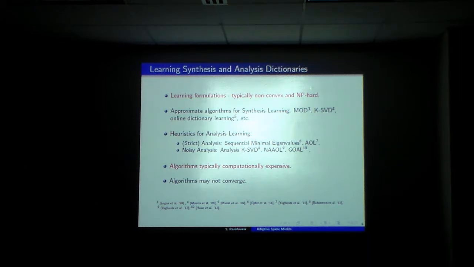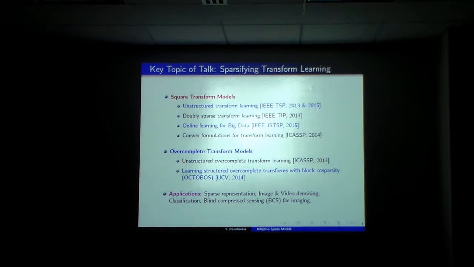A common property of many of these methods is that they tend to be computationally expensive because of the NP-hard sparse coding that's involved in the learning. And most of these algorithms may not even converge. So we are going to talk about sparsifying transform learning, which, it turns out, helps alleviate some of these drawbacks of the other models that I just talked about.